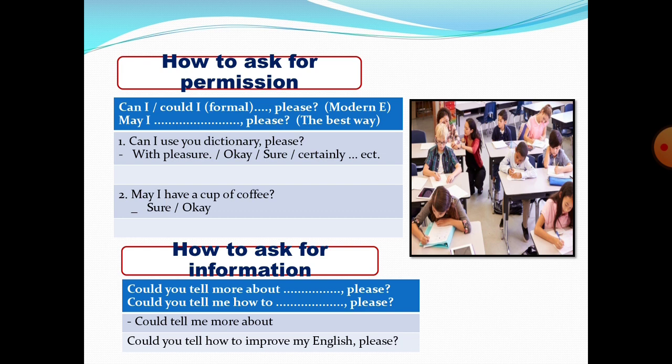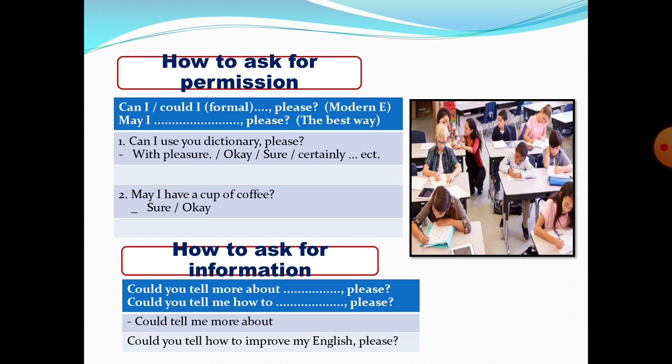Can I use your dictionary, please? Sure, okay, with pleasure, and so on. The best way, as I have mentioned before, is may I have a cup of coffee? Sure, okay, and so on.